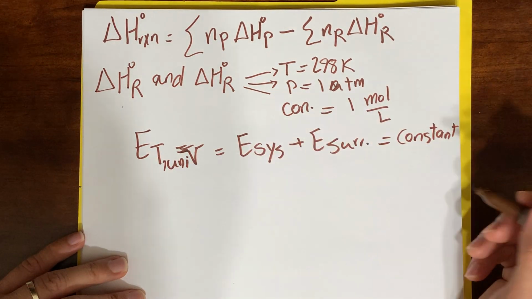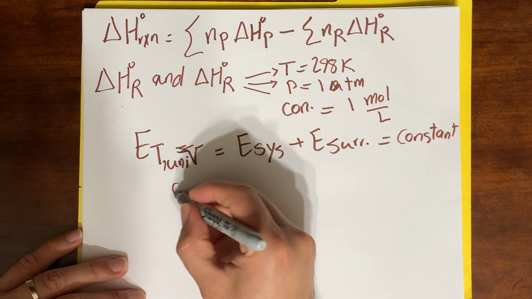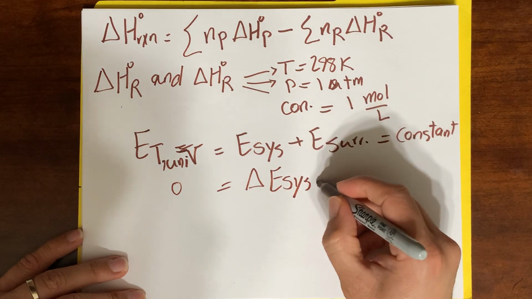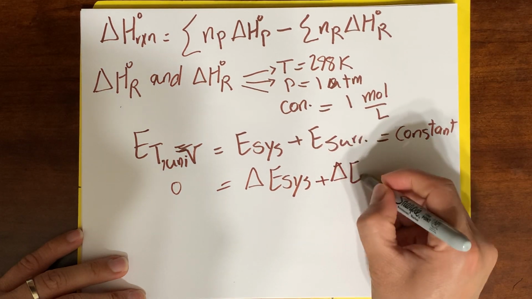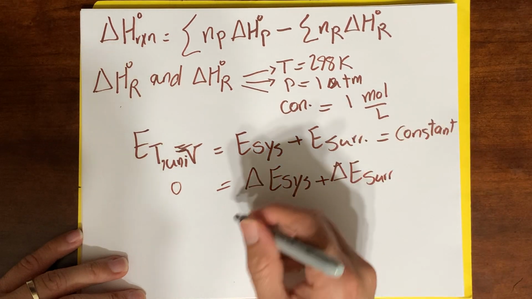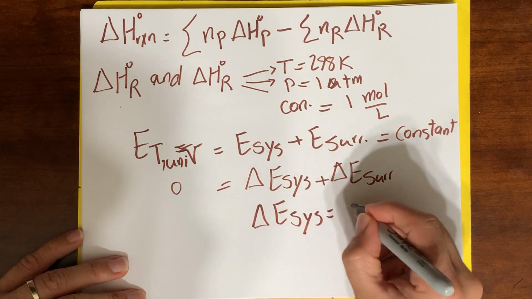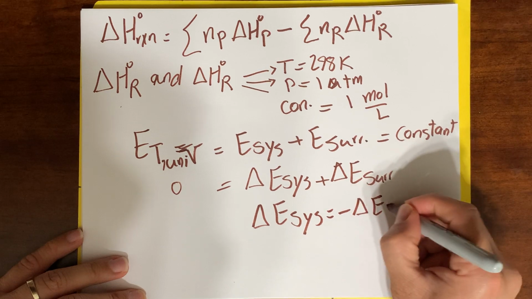If you take the first derivative, it will be 0. You get the change in energy of the system plus the change in energy of the surroundings, so delta E of the system is equal to minus delta E of the outside.